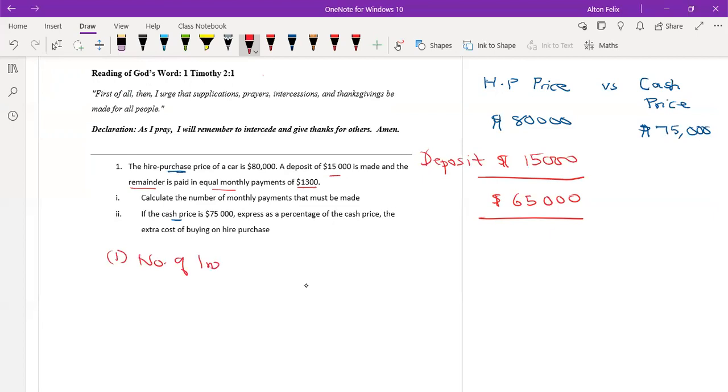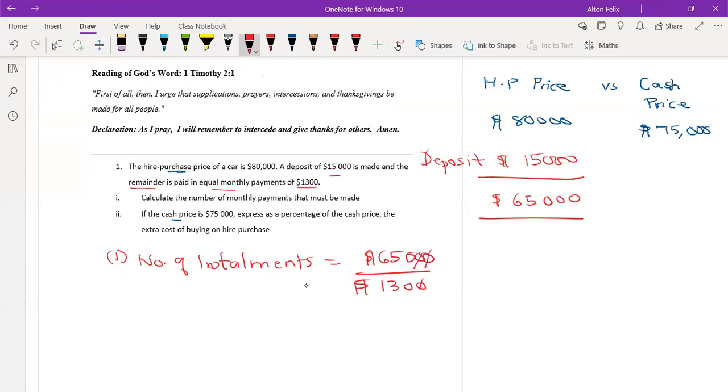So if you are asked to find the number of installments, as we are asked in part 1, what do you think we must do? Yes, I believe you are correct. We must take that remainder, which is the 65,000, and divide it by the amount of each installment payment, which is 1,300.